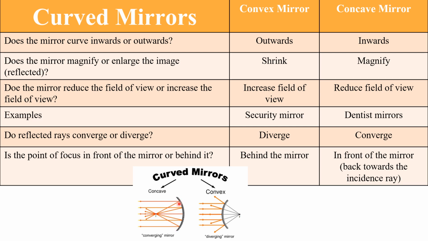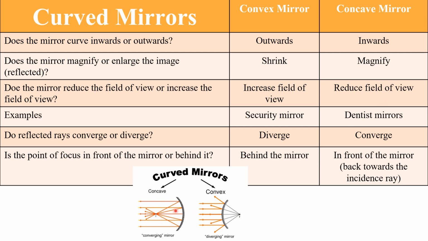Converge means they merge together, and so where they meet is called F, our focal point. And when we have a concave mirror, the effect of that is to magnify the image, and the trade-off there is that it will reduce how much we can see, our field of view.